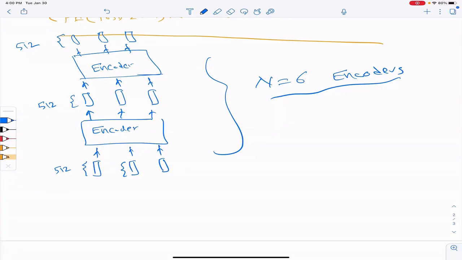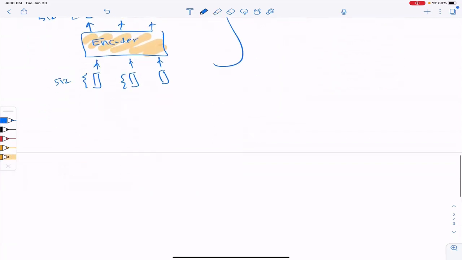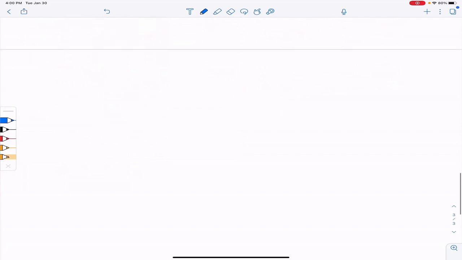All right, let's now look at the scary part. So what is this function? What is a function to take 3 vectors and spits out 3 vectors with the same length? So let's design that function together. A look inside the encoder.